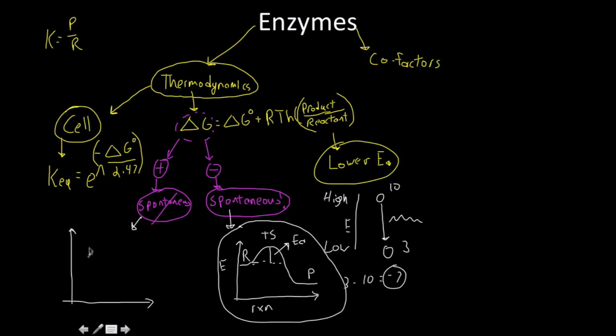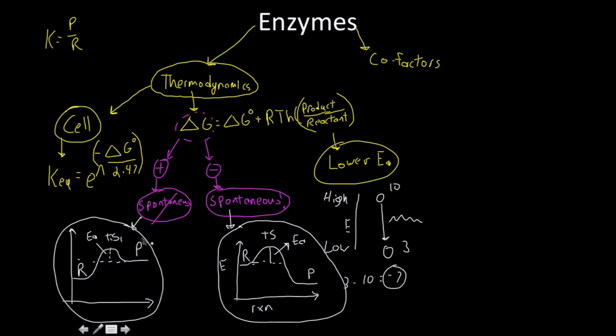So for a non-spontaneous reaction, we have ourselves the reactants, which are down here, and I'm going to throw them up. They're going to go from a low energy state, there's still a transition curve that we have to deal with, to a higher energy state. And again, the difference between these two here, this thing here, this is my EA, then there's a transition state here. But the products are in a higher energy state than the reactants.